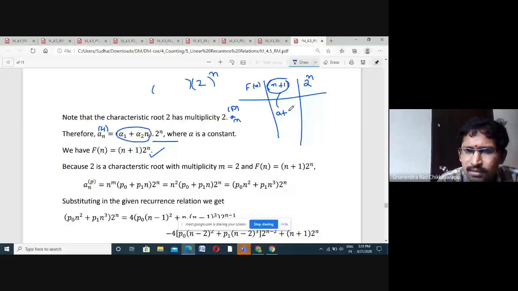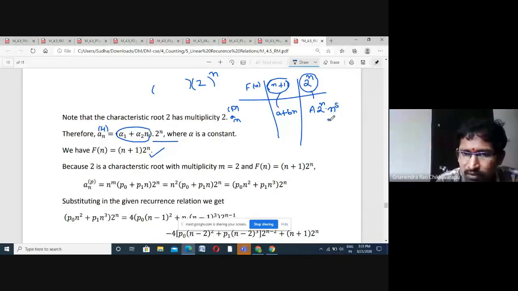Suppose if f of n contains 2 power n, what you need to write here: 2 power n you need to write, and moreover, write n power s. What is the value of s?